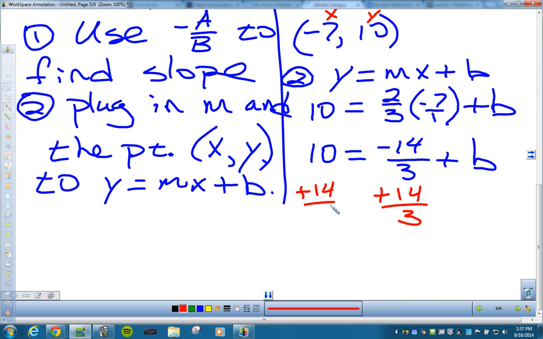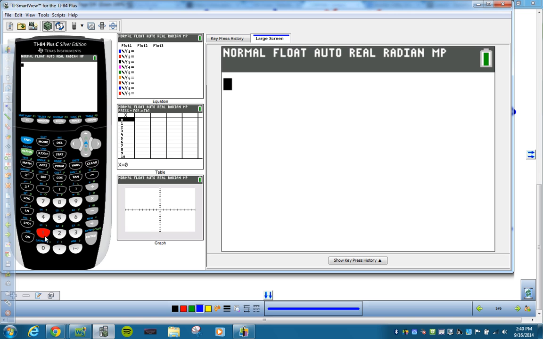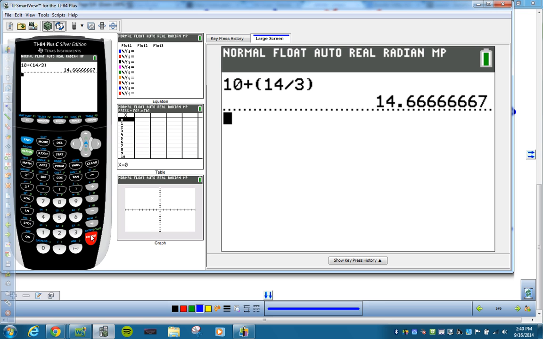And then you have your graphing calculator, you can just add that in the graphing calculator. 10 plus 14/3. And you hit enter, it gives you that decimal, and then you hit math, enter, enter. It'll change it back into a fraction. Okay, so 44/3.